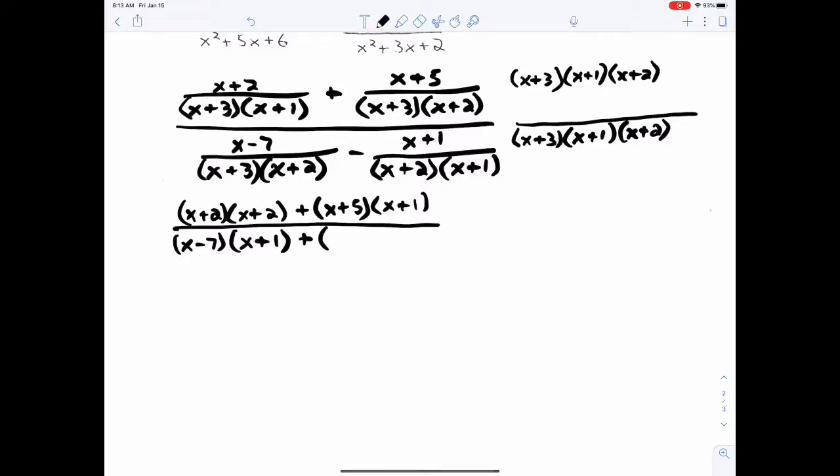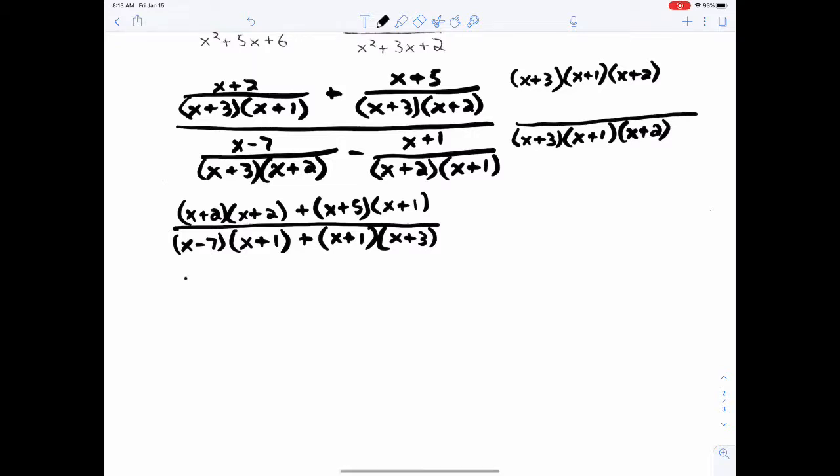Okay, then we've got the last fraction, in the denominator is an x plus 1, in the numerator. And what cancels? The x plus 2's cancel, the x plus 1's cancel, so we've got x plus 3 left over. Okay? And now it's just a matter of multiplying it out.